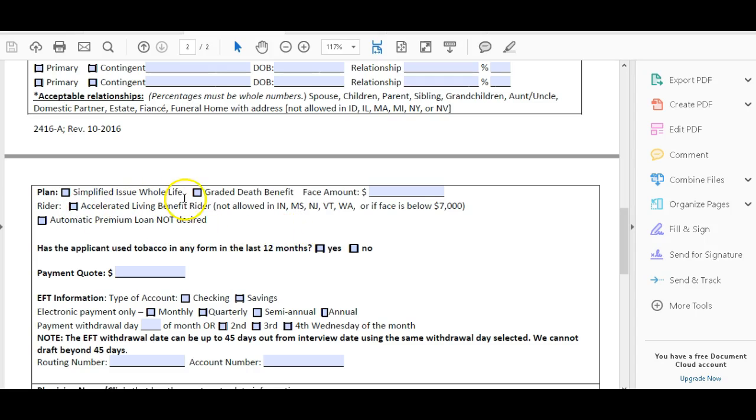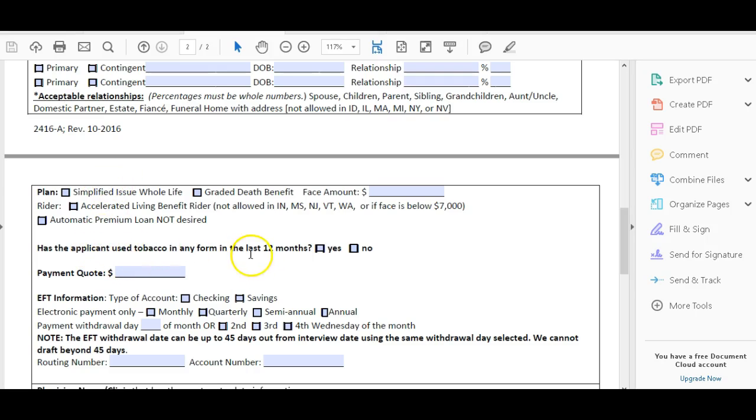We're going to go with the accelerated living benefit rider, which means that if they have a terminal illness, they'll be able to get 50% of the face amount while they're still living. Automatic premium loan, we leave this unchecked because we don't want this person's policy to lapse for lack of payment. If they have money built up in this policy, we're going to let that money make the payments if they need it.